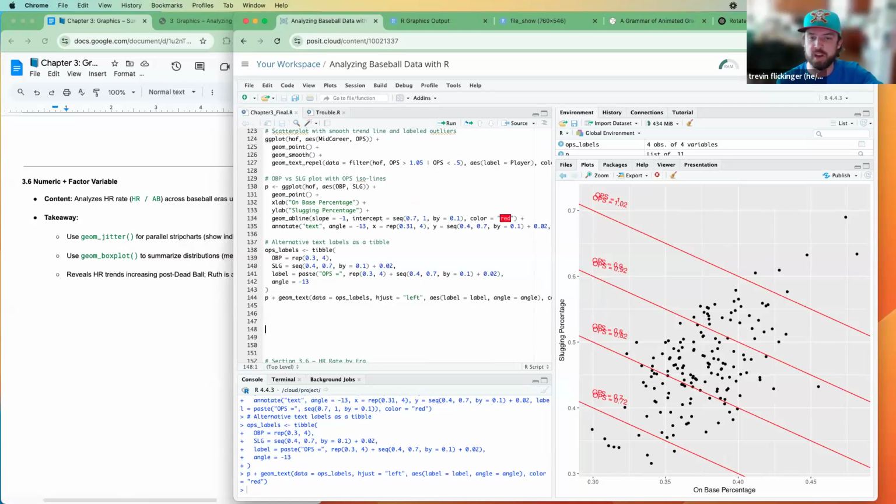And someone might have a higher slugging percentage without getting on base as much. So those two people could end up having the same OPS, or that same red line.